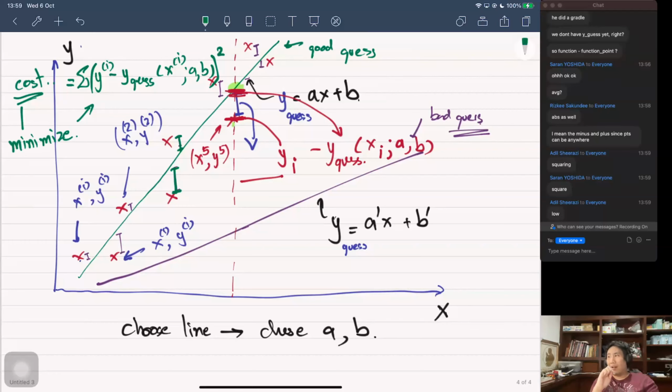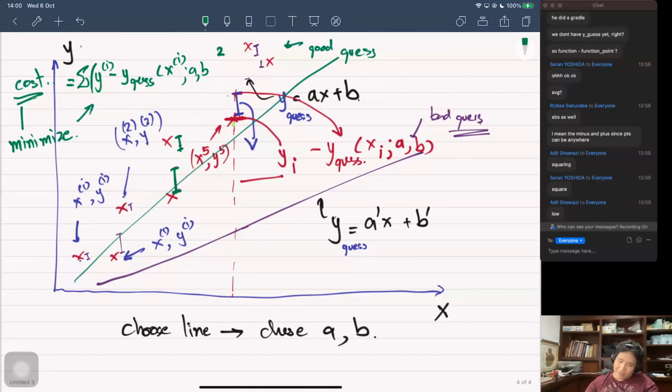Okay. But what can we change though? What is it on the right hand side that we can change? Let me make it a little bit cleaner. Sorry about that. Let me just draw it. What can we adjust though on the right hand side?